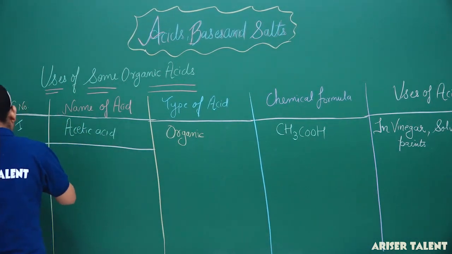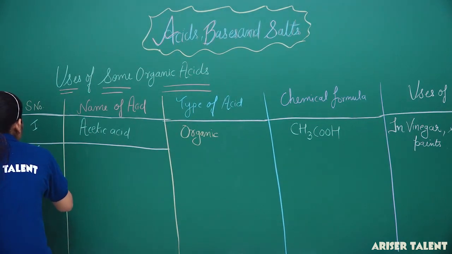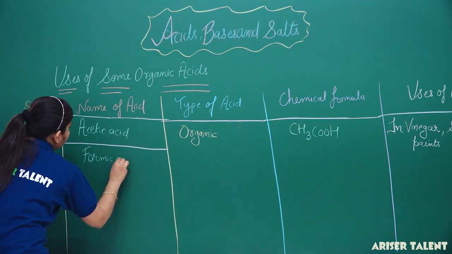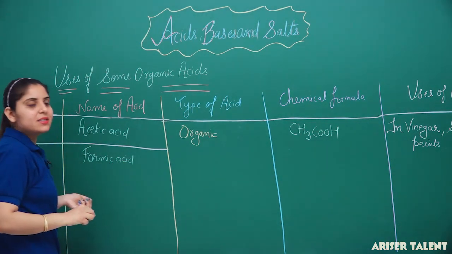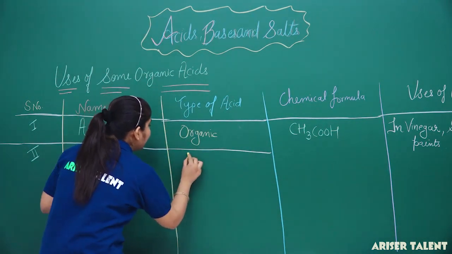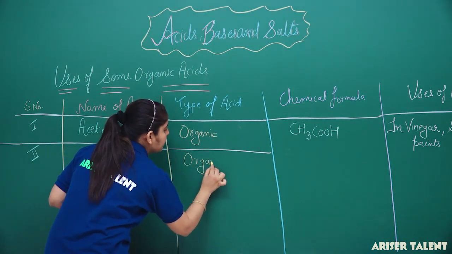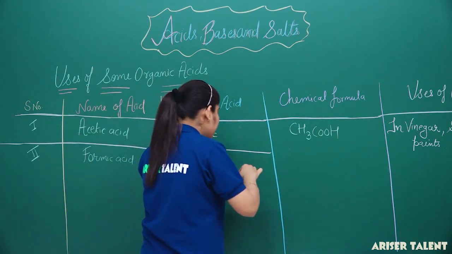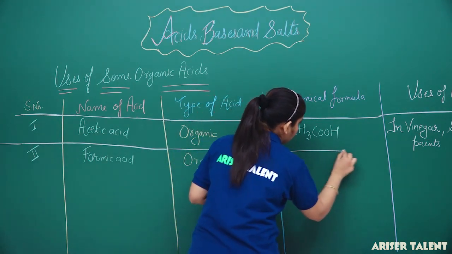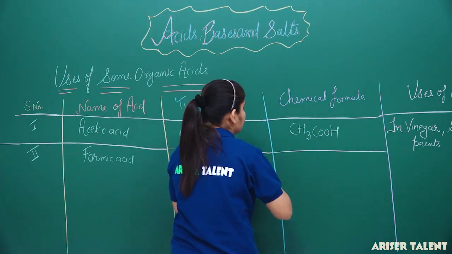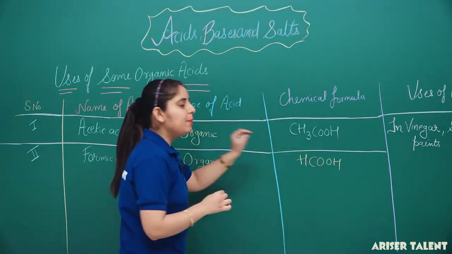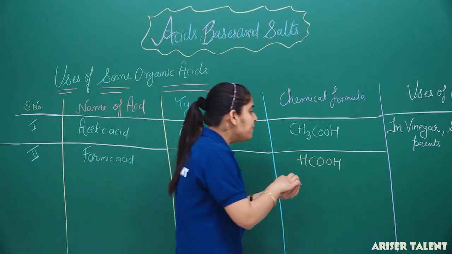Now we move on to our second acid. The second acid will be formic acid. Formic acid is again in the category of organic acids, and its chemical formula will be HCOOH. This will be the chemical formula for formic acid, and where is it found?